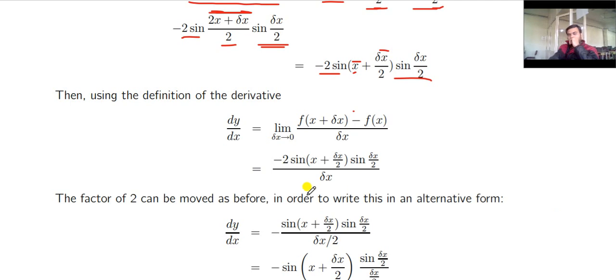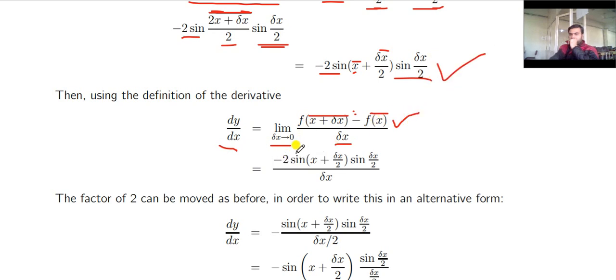So the formula of differentiation of any function by the use of first principle of differentiation is dy by dx is equal to limit del x tends to 0 f x plus del x minus f x divided by del x. So this numerator portion we have solved and the answer is this.